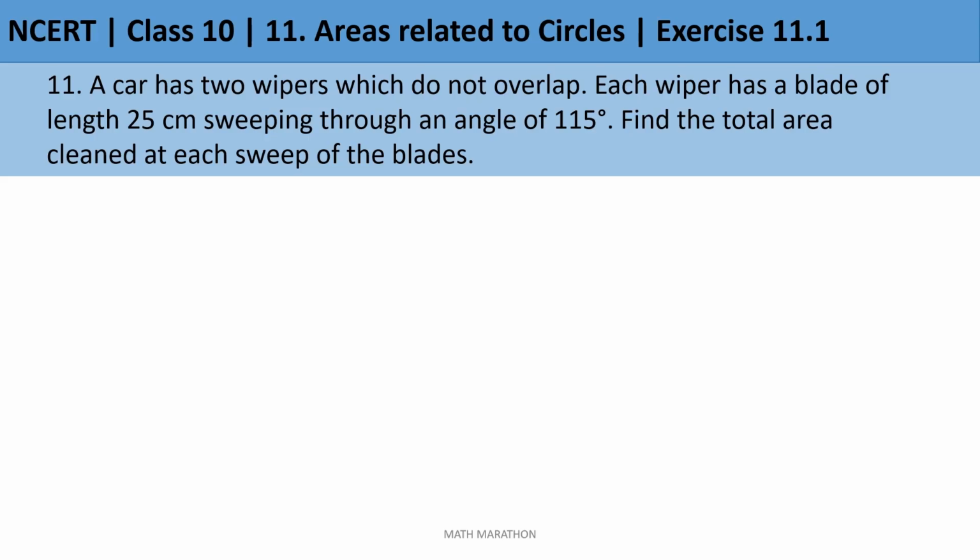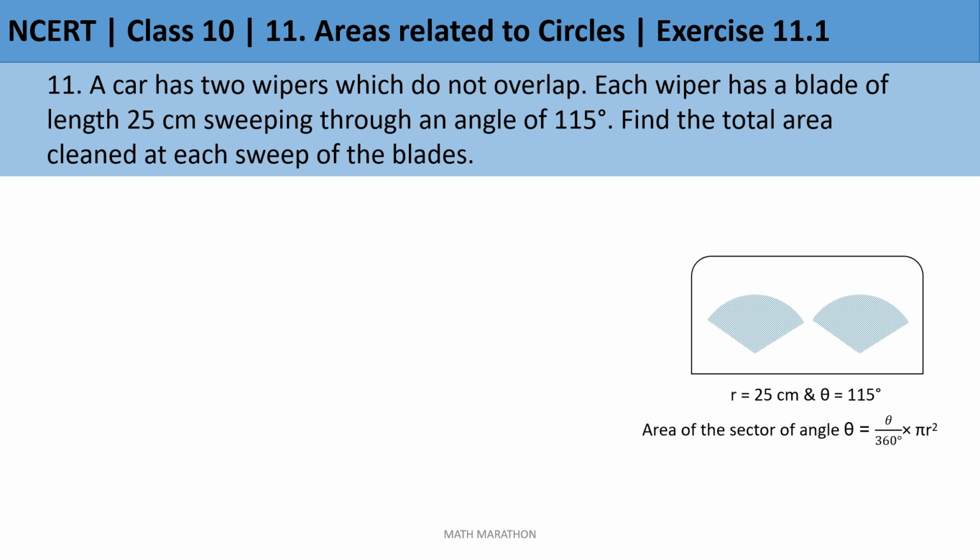A car has 2 wipers which do not overlap. Each wiper has a blade of length 25 centimeters sweeping through an angle of 115 degrees. Find the total area cleaned at each sweep of the blades. I have drawn a diagram showing a windshield and the area cleaned by 2 wipers. Area of a sector is equal to theta divided by 360 multiplied by pi r square.